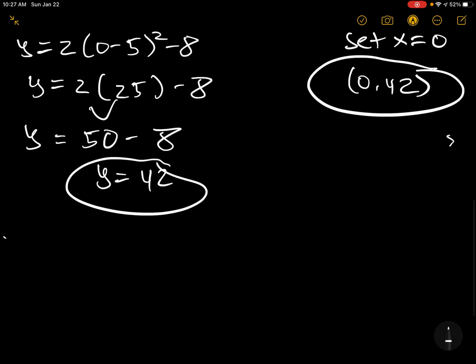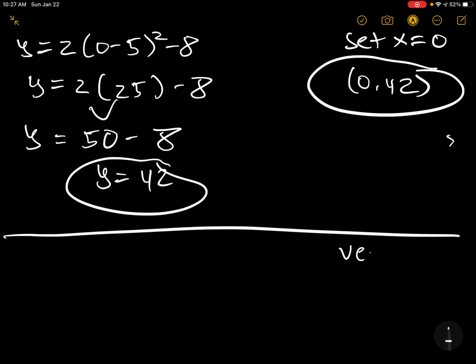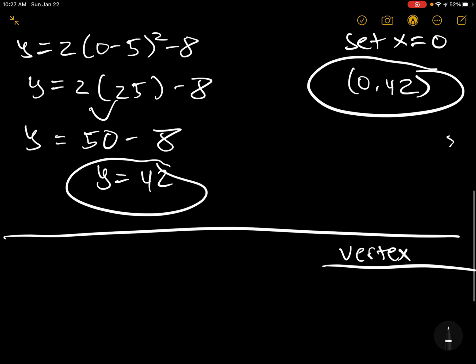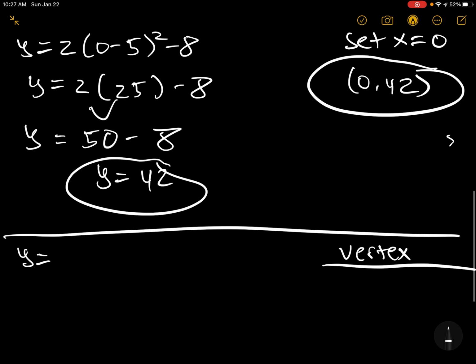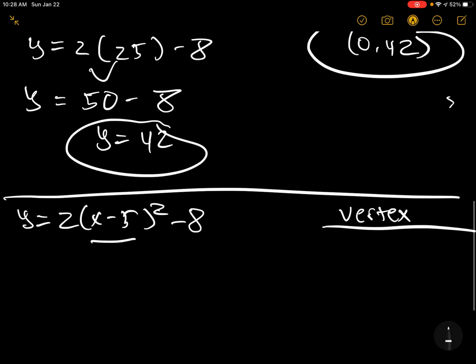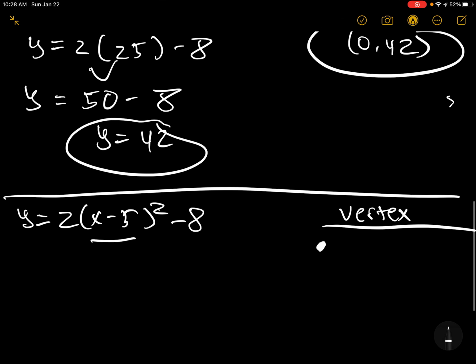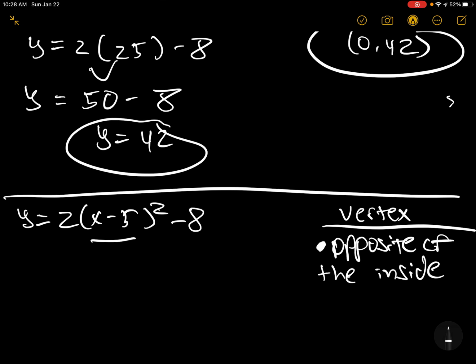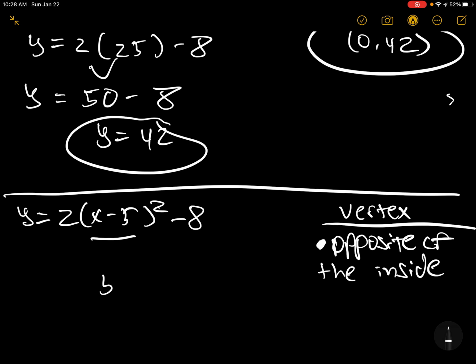The next thing that we need to solve for in vertex form is our vertex. So let's go ahead and rewrite the problem one more time. Y is equal to 2 times (x minus 5) squared minus 8. Now the vertex is really simple. You just take the opposite of the inside, and the opposite of the inside is just going to be 5.